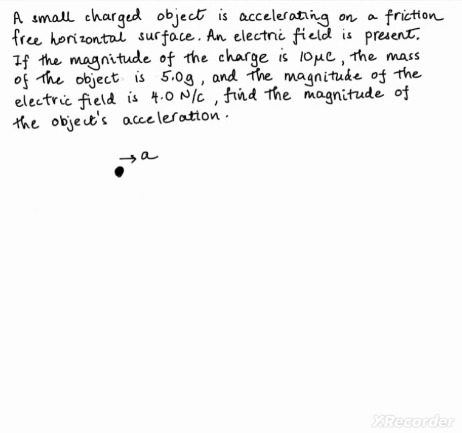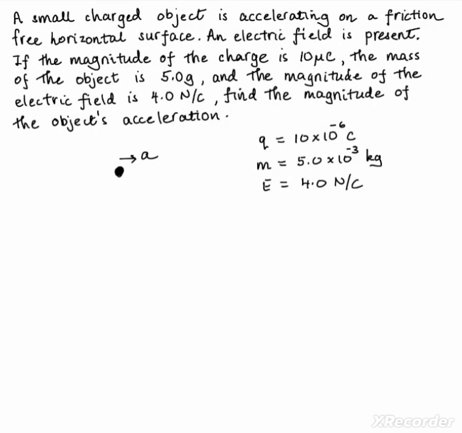The magnitude of the charge Q is 10 microcoulombs. The mass of the object is 5 grams, so 5 times 10 to the negative third kilograms. And the magnitude of the electric field is 4.0 newtons per coulomb.